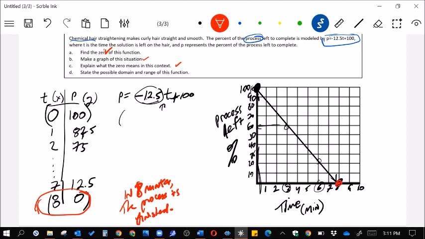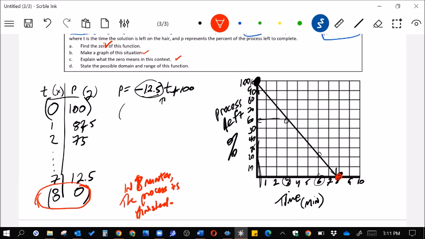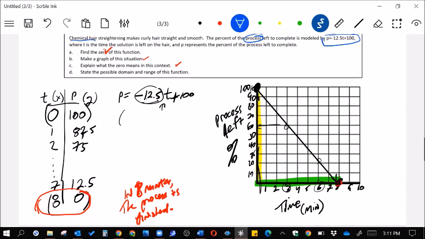Now the domain and range. So the domain is all the x's that are used, and the range is all the y's being used, 0 to 100. So a way we would do that is we'd say for the domain, it's all the numbers between 0 and 8.